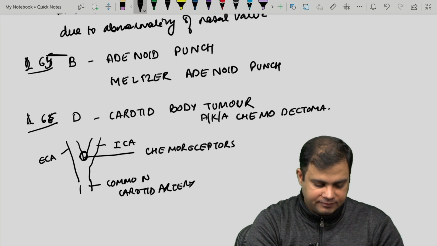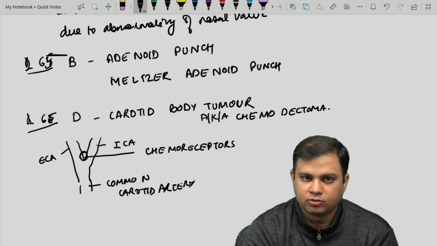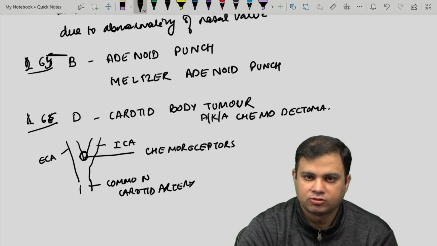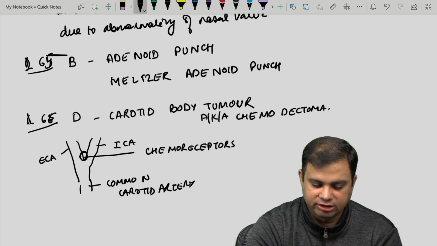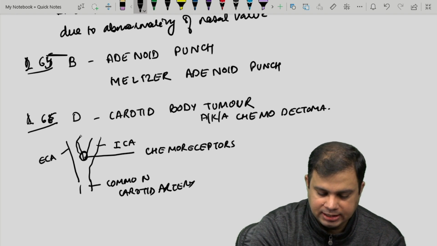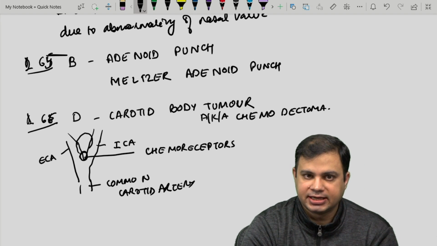So the chemoreceptors are present in the carotid body, which is present at the bifurcation of the common carotid artery into the external carotid and the internal carotid. If the tumor arises here, it splays the internal carotid as well as the external carotid artery.